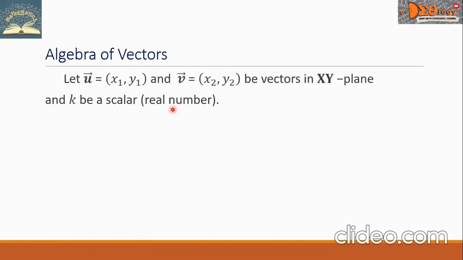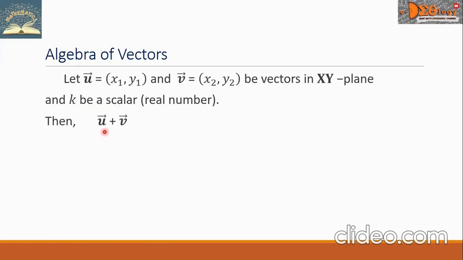We come now to the computation part. Let vector u equals (x sub 1, y sub 1), and vector v equals (x sub 2, y sub 2), be vectors in the xy plane, and k be a scalar or a real number.